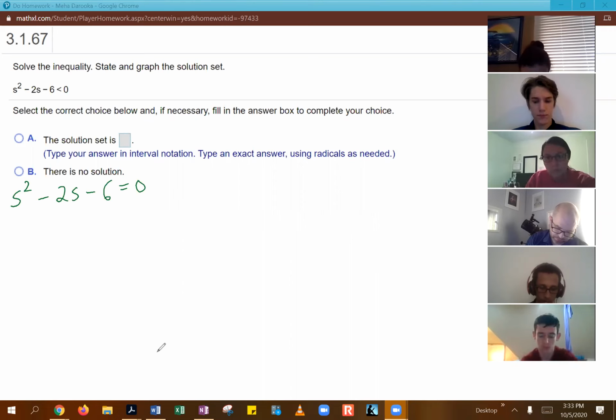Yeah, Abdulaziz, you're saying it cannot be factored? Yeah, because 6 is going to be 6 times 1, and either you add or subtract those numbers, we don't get negative 2. The other combination for 6 would be 2 times 3, and again, either you add or subtract the 2 and the 3, we do not get negative 2 either. So like I said, if factoring is not working, you can use completing the square or the quadratic formula.